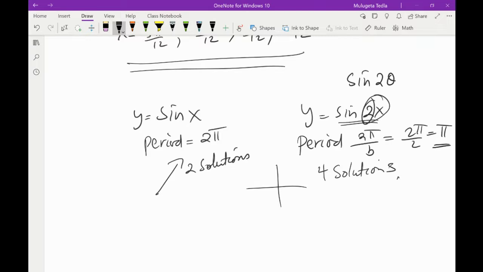In one period you will get 2, but they ask you to find x between 0 and 2 pi. So in pi you have 2 solutions, and on the other side of the period you will have 2 other solutions, so 4 solutions. I'm not going into detail, but you understand what I'm trying to say?